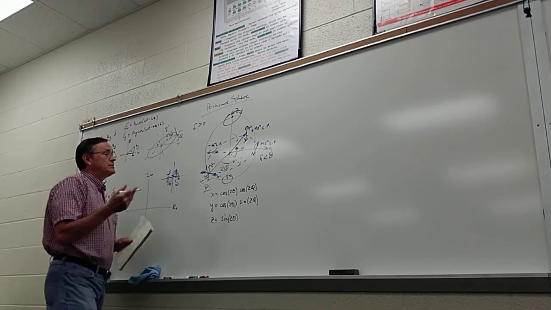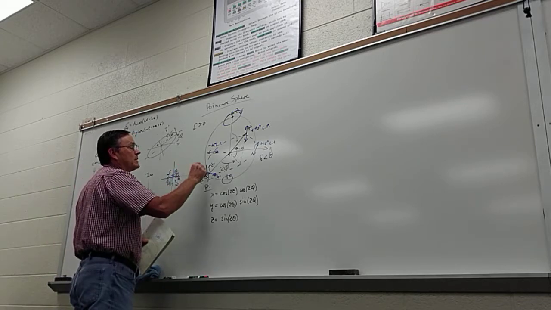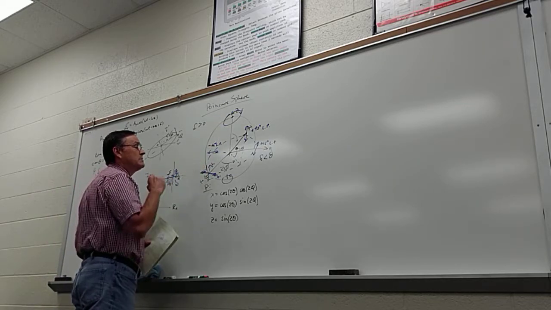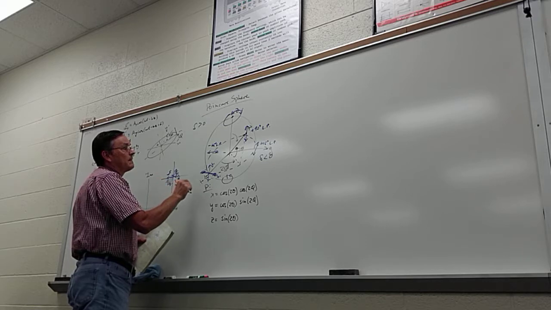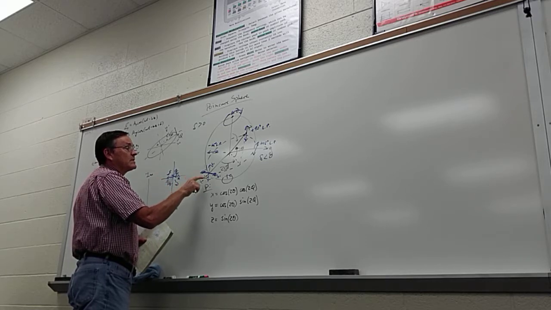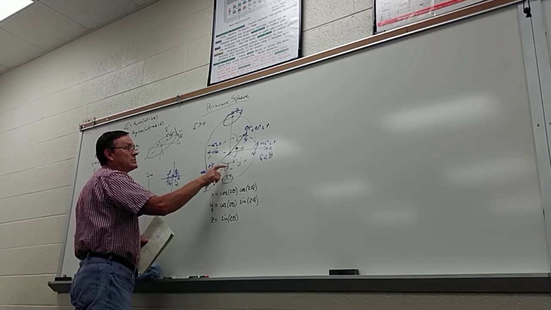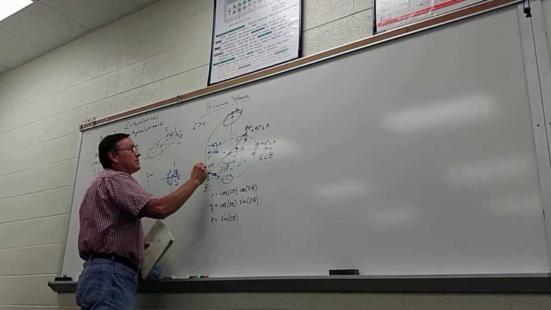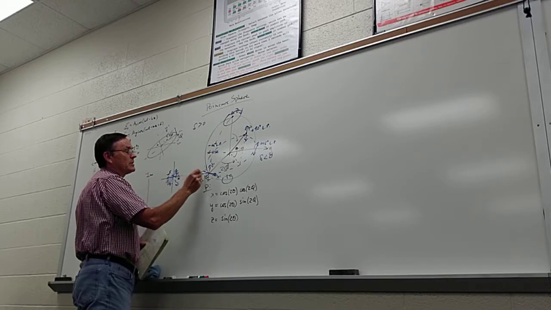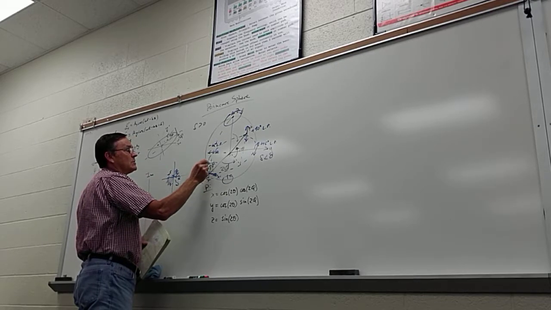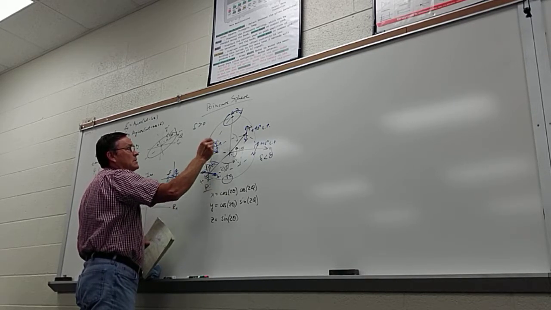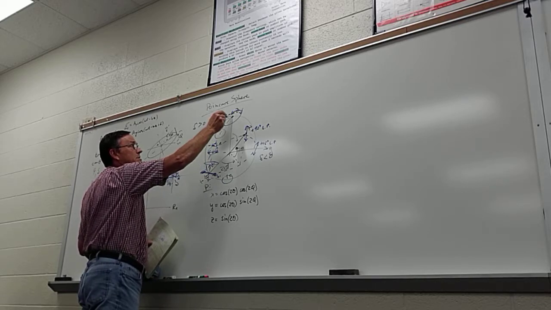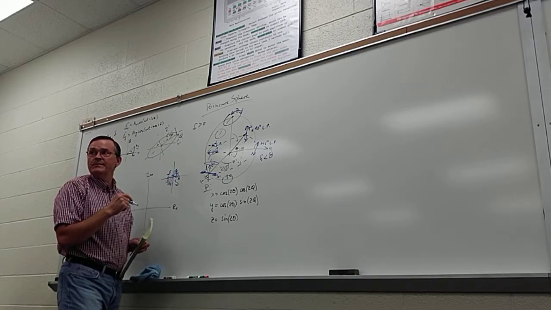And as you go up any particular meridian, the thing that's going to change is not the orientation angle, but the ellipticity. So as we go up this meridian, we go from linear to more and more elliptical until we get to circular.